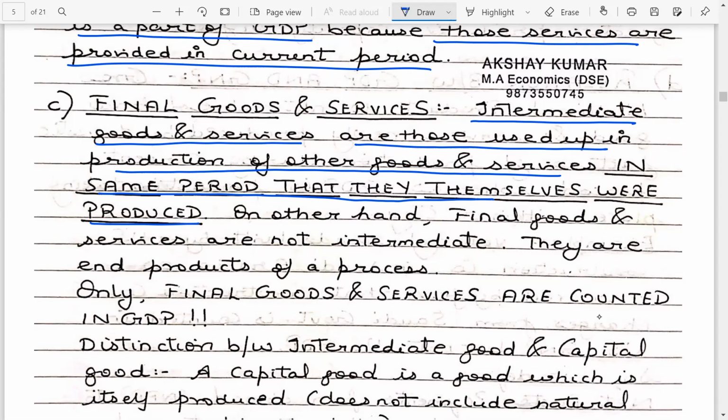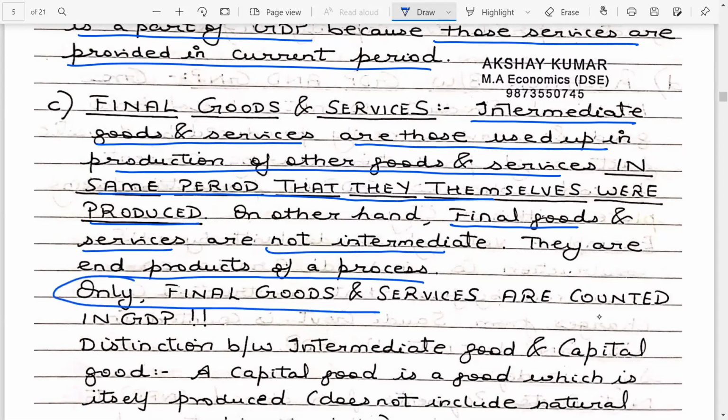So we can say that final goods and services are not intermediate. They are the end products of a process. So only the final goods and services are counted in the GDP. GDP does not include intermediate goods, because if you count intermediate goods in GDP, you are simply creating the problem of double counting.